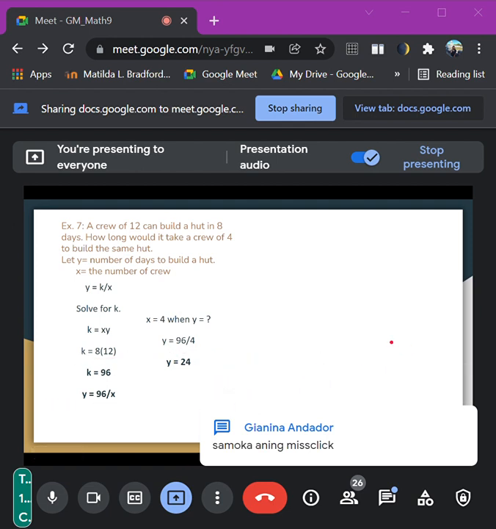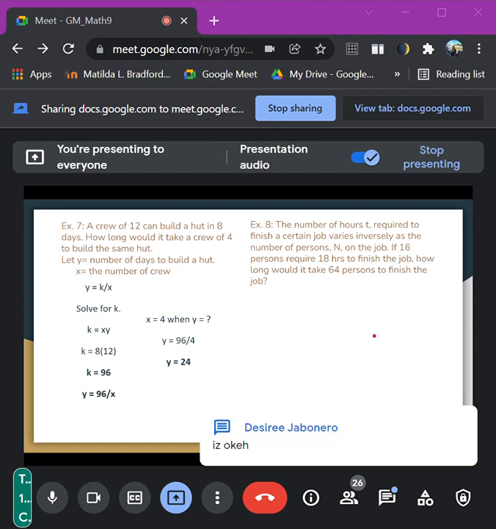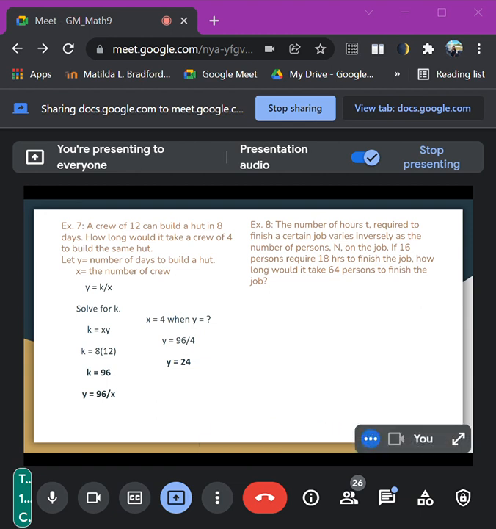Okay. Now, let's go to the last one. The number of hours T required to finish a job varies inversely as the number of persons. So, N is our persons. If 16 persons require 18 hours to finish the job, how long would it take 64 persons to finish the job? Okay.